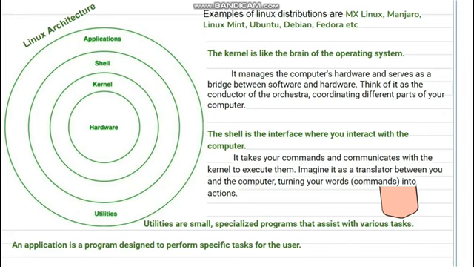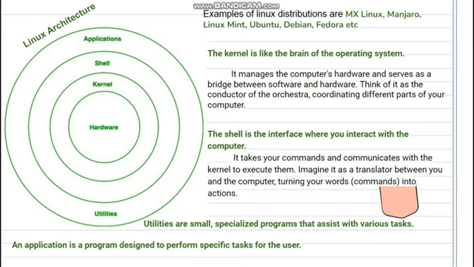We can see we have the hardware, the kernel, the shell, and applications and utilities. Everyone knows what the hardware is. That's your CPU and your RAM in this context.